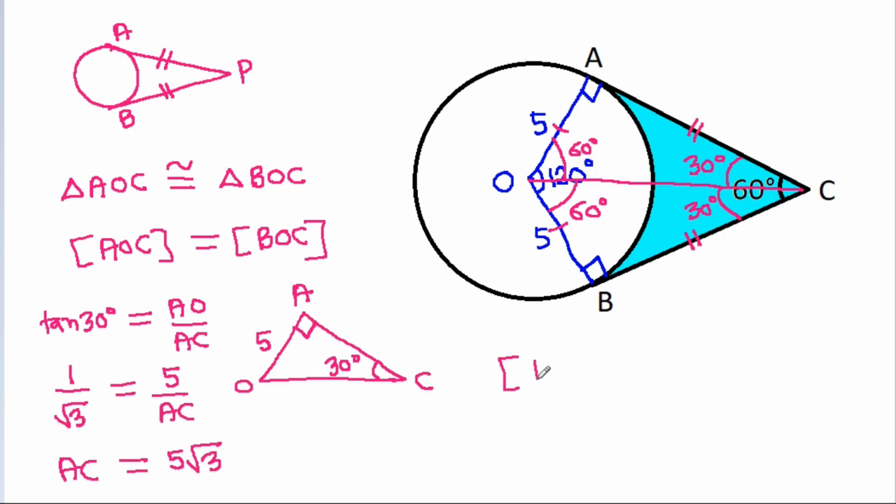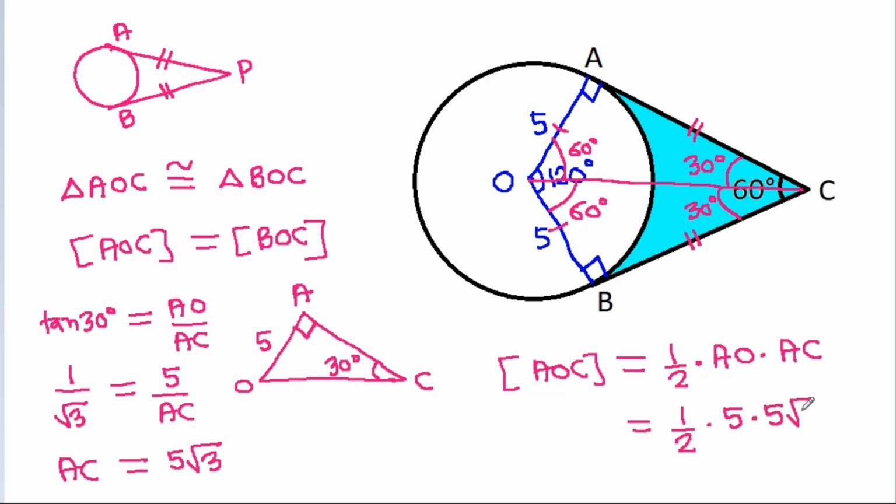So area of AOC will be equal to 1 by 2 times base AO times height AC, and it is 1 by 2 times AO is 5 times AC is 5 times square root of 3, and it is 25 times square root of 3 by 2.